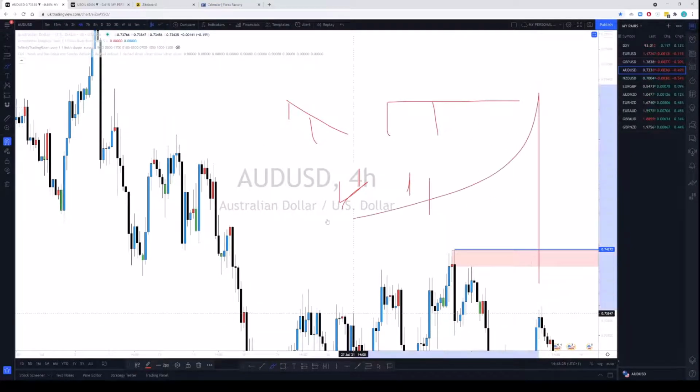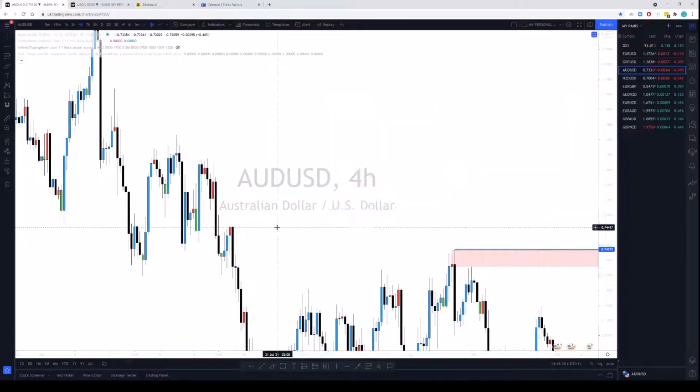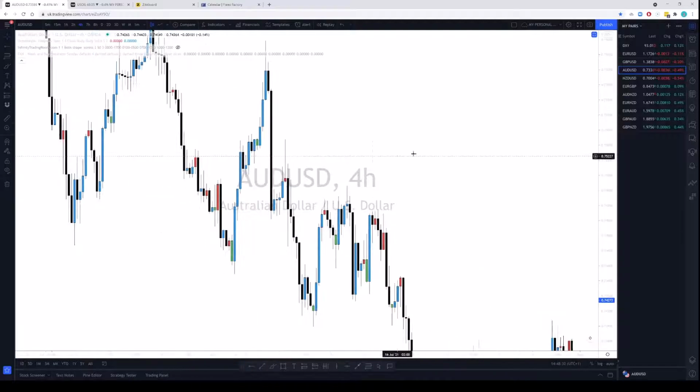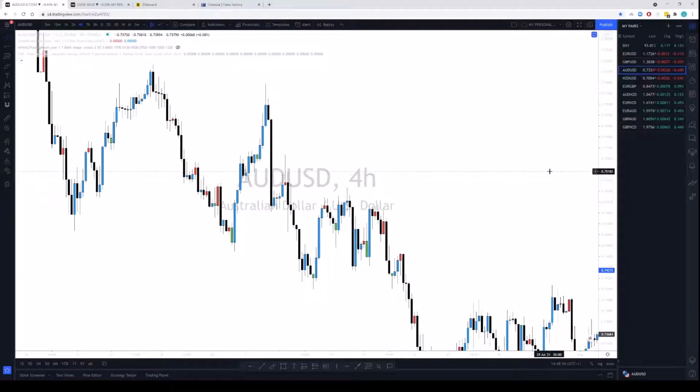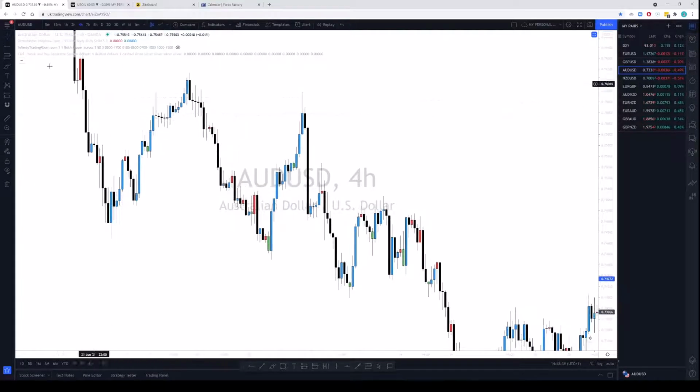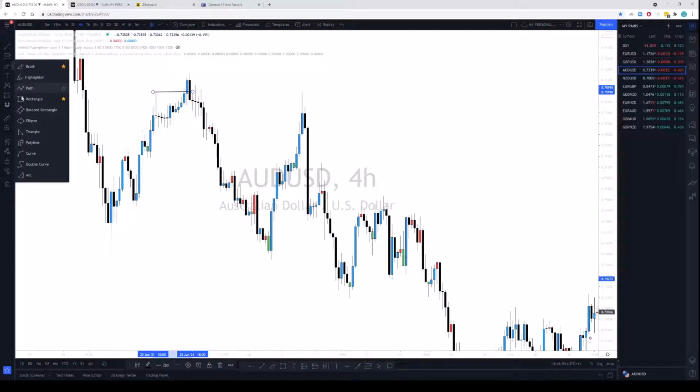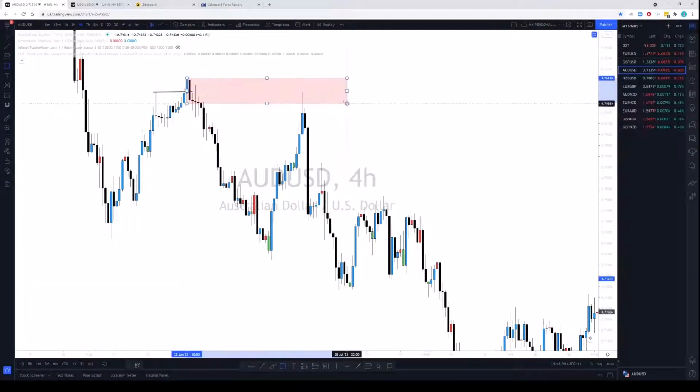All right, so the idea is to identify. Let me go back and find more examples. For example, here we take out this high and then we drop. Price comes back to this high and then drops again.